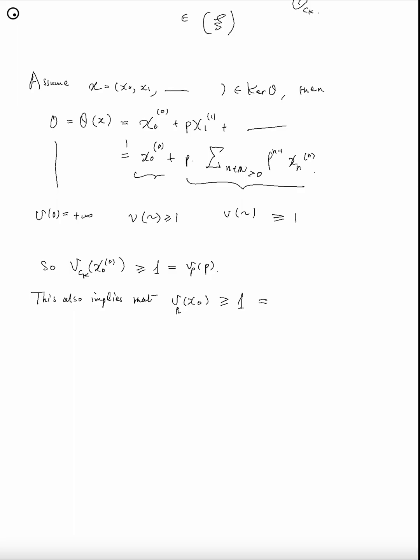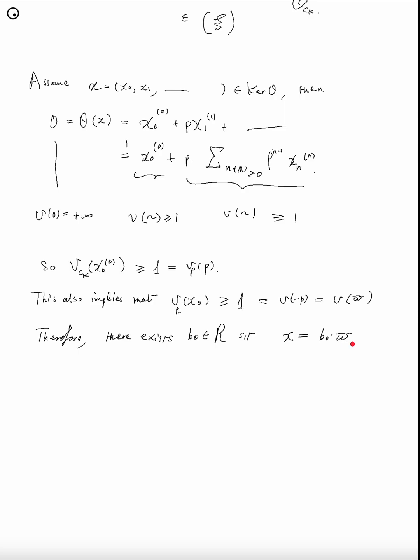And so what is the valuation of omega, because omega 0 is minus p. Therefore, there exists some element of R such that x equals this element times omega.